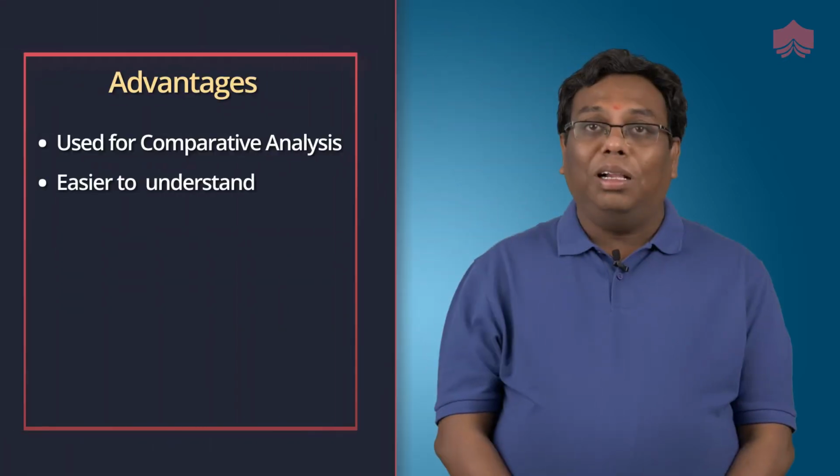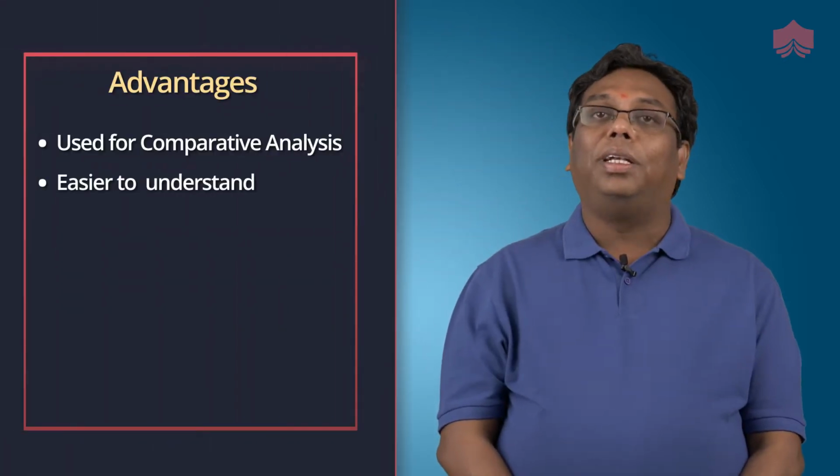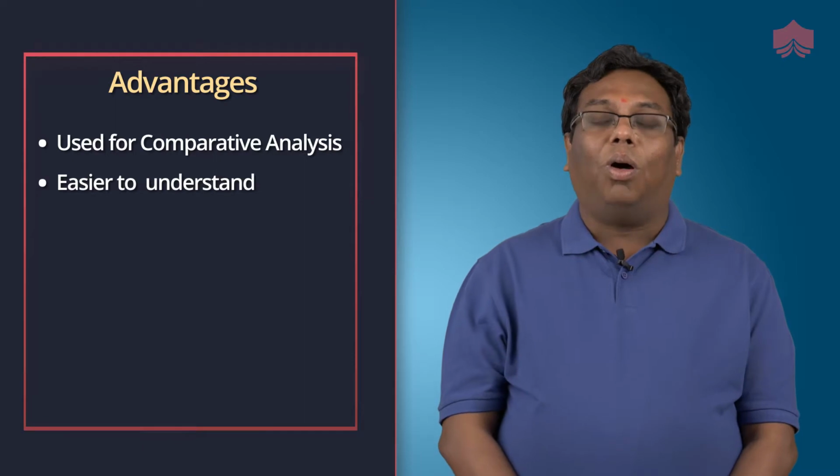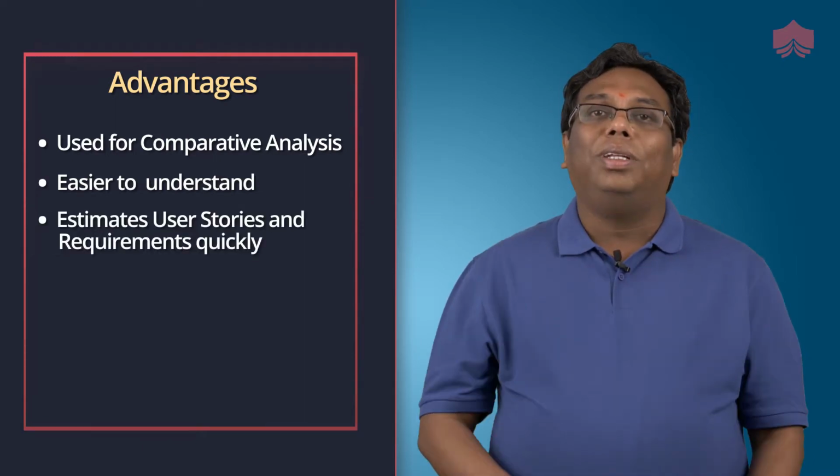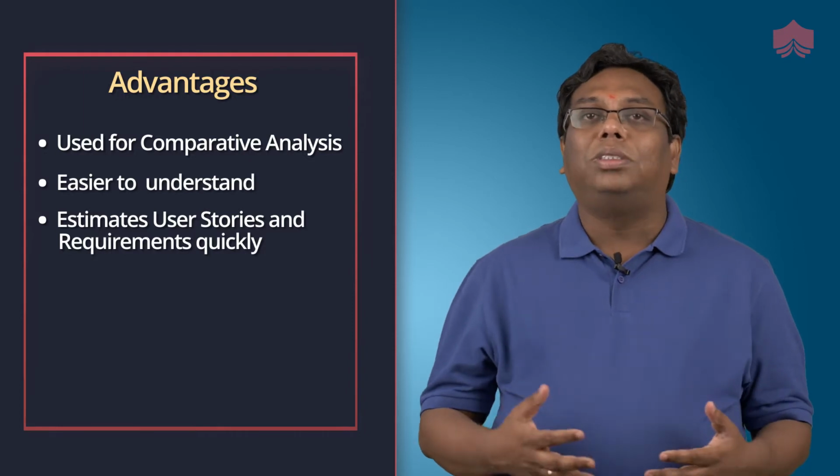There is a natural human tendency to compare things and talk about what requires more effort. So relative estimation not only helps in estimating your user stories or requirements very quickly, it also helps you be as close as possible.